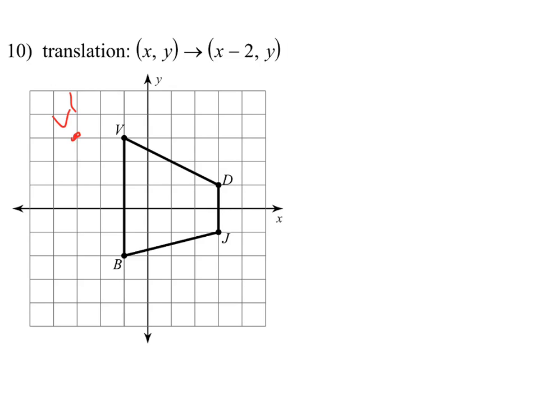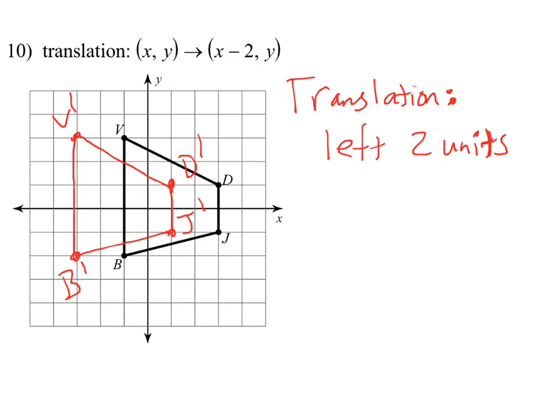So you'll get v prime, and then d prime here, j prime there, and then b prime here. And you just have to connect it up. Just like that. And there's your new shape. And you just write it out in words. Translation, left 2 units. Excellent. So yeah, you'll get that.